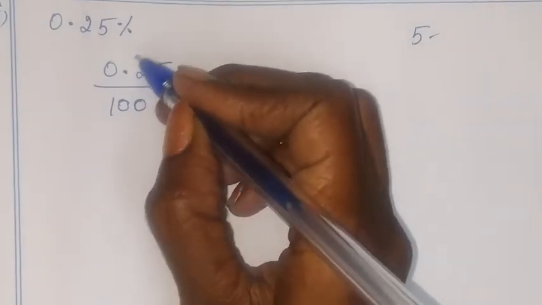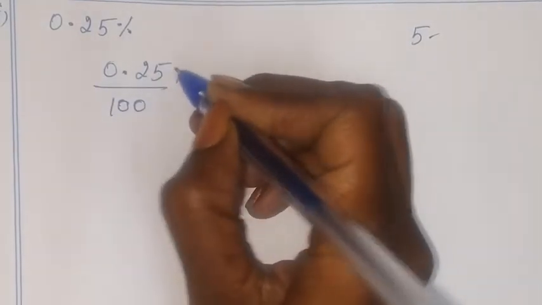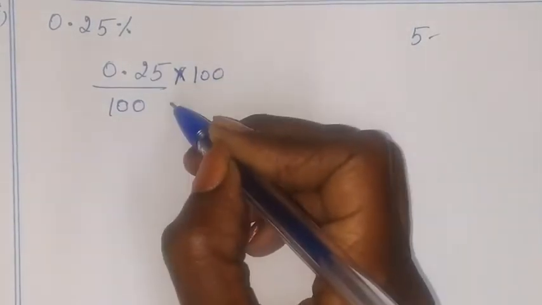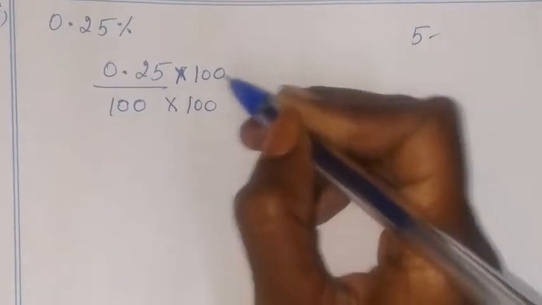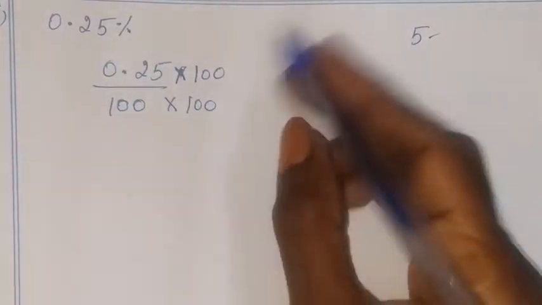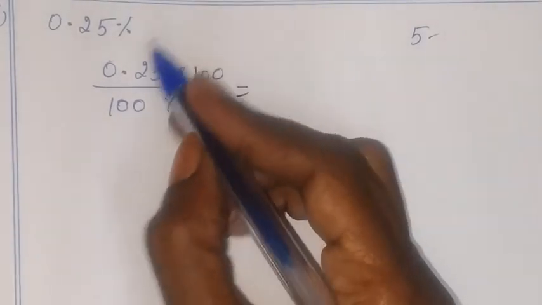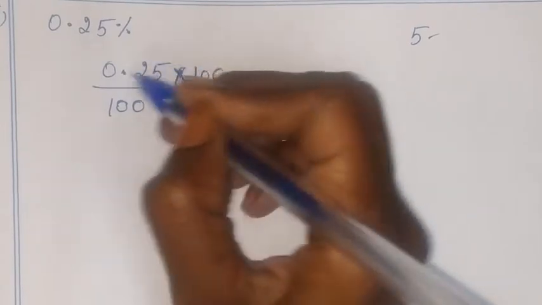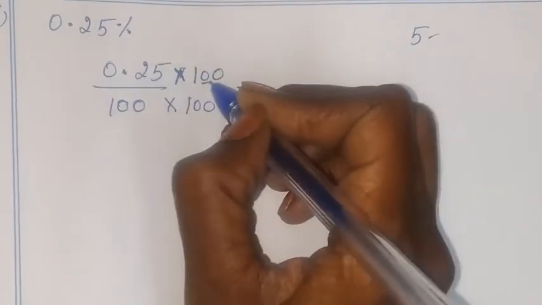To bring this decimal point to the front, we have to multiply by 100. The same 100 we have to multiply in the denominator also, so that the value will not be changed. The same value will be there. Now when we multiply by 100, the decimal point will move forward 2 places, as there are 2 zeros.